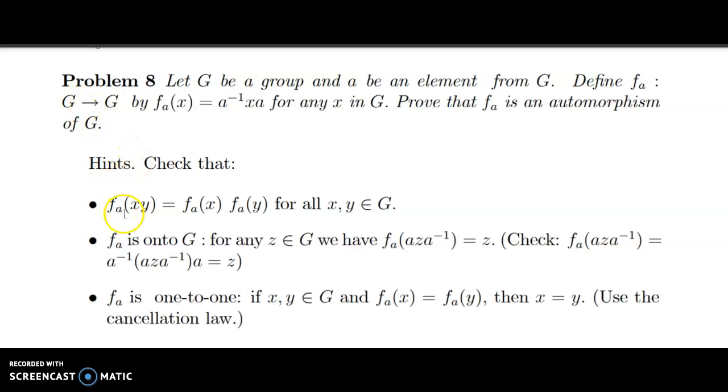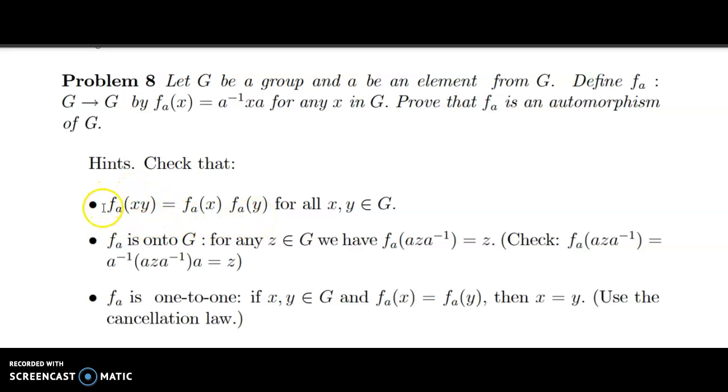We have to prove that F sub A is a group homomorphism, which means that for any x and y in G, we have this equality. This is easy to check.